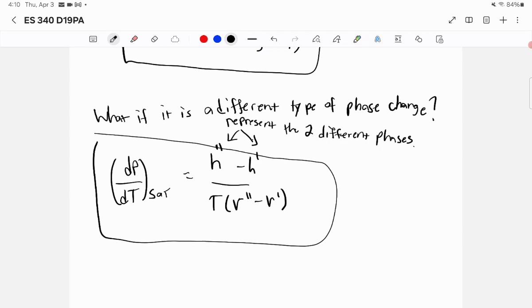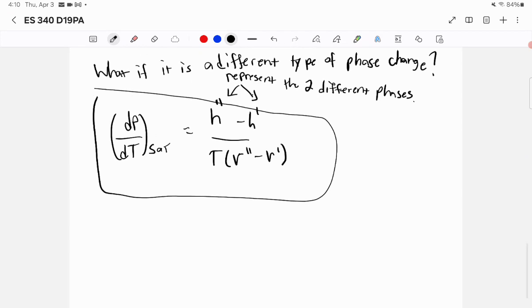Okay, so inside of the course, we've mostly dealt with, or we've only really dealt with, phase changes between liquid and gas, but obviously there are different types of phase changes that involve solids as well, and we've just skipped entirely over that. But this equation stays valid even in those cases.